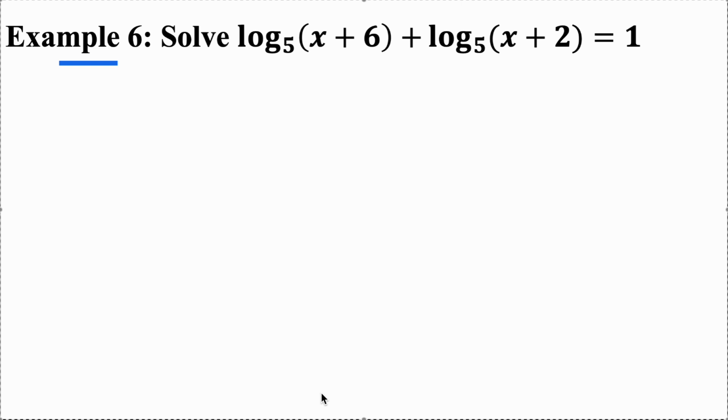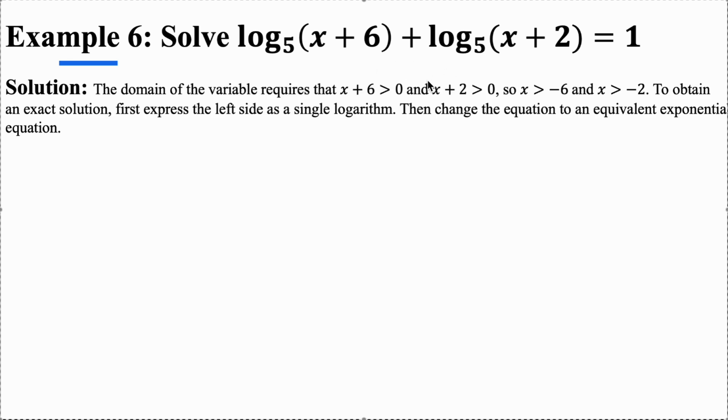Example number 6, we have multiple logarithms on the left-hand side, and that is equal to 1. So first of all, remember, what goes inside the parentheses needs to be positive, right? We want x plus 6 to be bigger than 0.